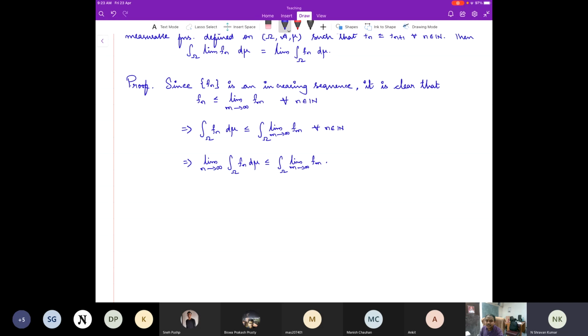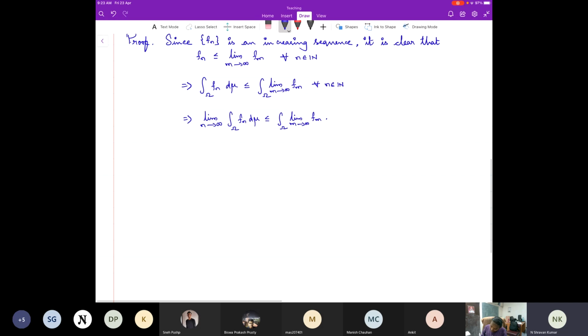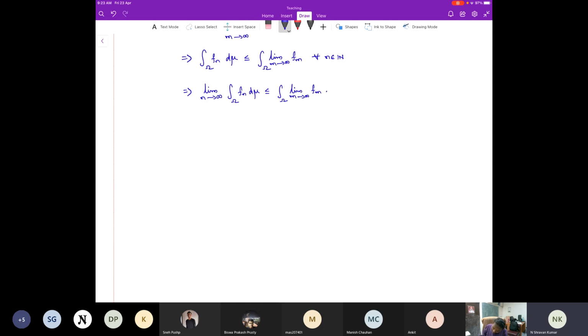So we are done with one inequality. Now we establish the reverse inequality. Let's do that.